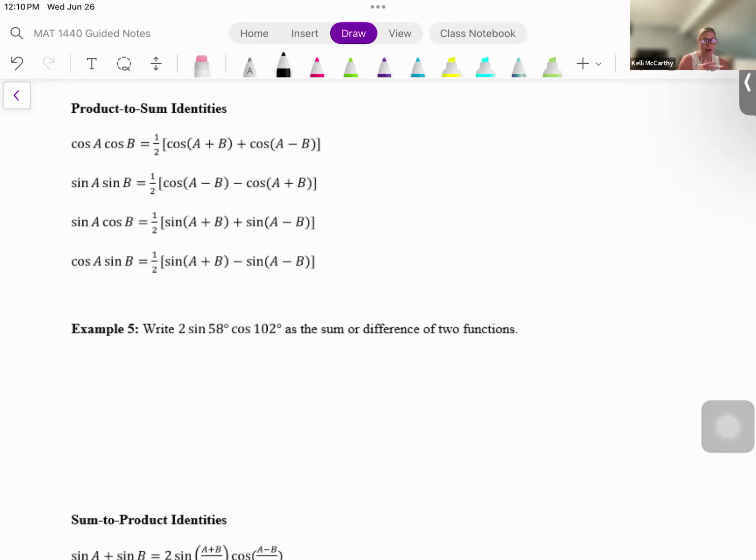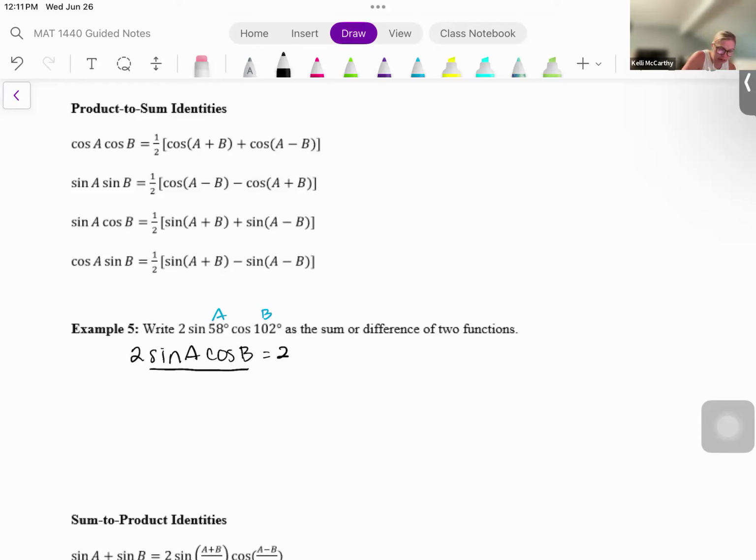So we have the product of two functions, sine of 58, cosine of 102. So we're going to let 58 be angle A, and 102 be B. So this is really 2 times sine of angle A times cosine of angle B. The sine A cosine B can be expanded using these product to sum identities.